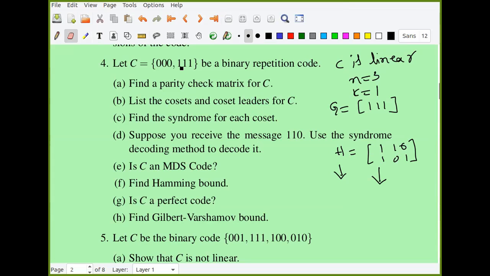H is a parity check matrix for this code. This is a generator matrix for which code? I think you are responding, but I'm not audible to you. That's why problems came. So it is a generator matrix for C perp.